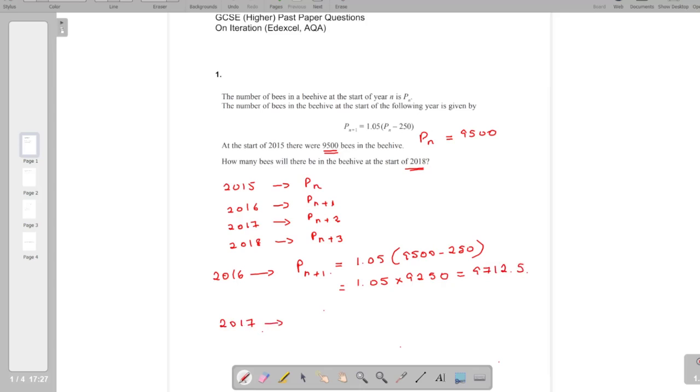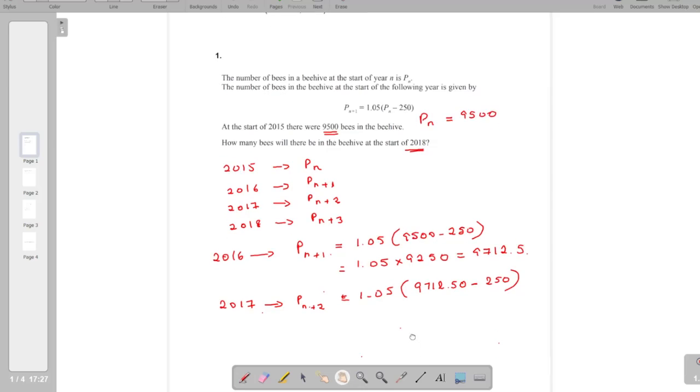2017, that's the next year, Pn plus 2 will be 1.05 times 9,712.50 minus 250.